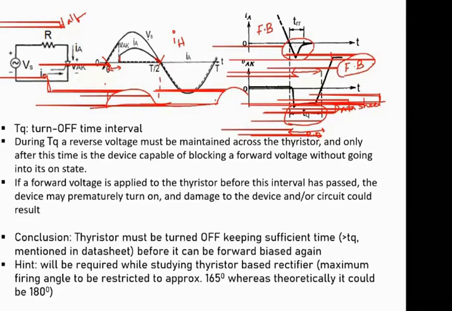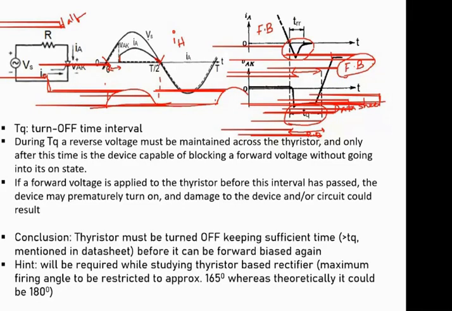So let's say your device is getting turned off here. You have given the turn off command, or from the circuit it is going into the turn off zone. To properly turn off, again you have to sweep out all those charge carriers from the drift region, and you have to form the depletion region. So it takes some time. During that time, if you again apply forward bias voltage due to circuit operation or by mistake, the device will turn on again.